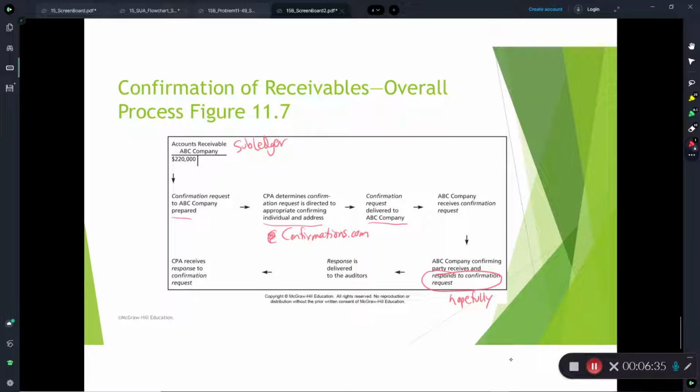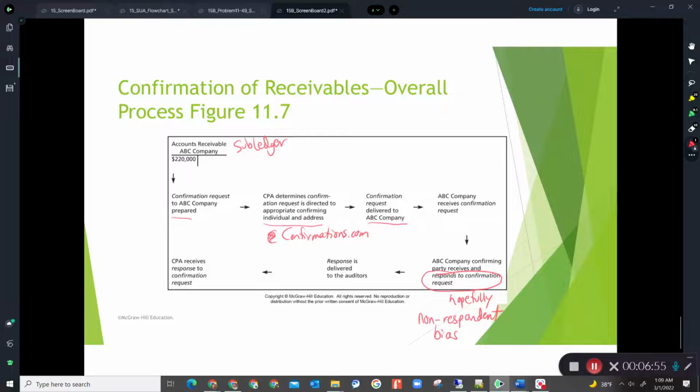And so we're going to have some what's called non-respondent bias here, and we're going to think about, for those that didn't respond, are they more likely to have a problem or more likely to not have a problem with the amount? We have to think about that a little bit. Usually it's everything looked fine and they're not going to challenge it, but we can't always assume that.